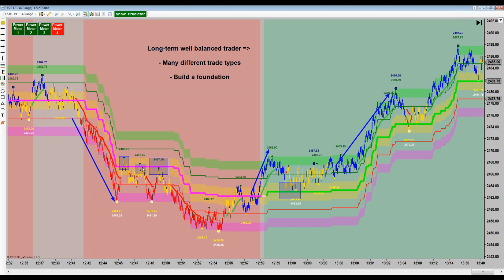There are times when the market will come within the band under the midband. In the case of this short rollover right here, this is still considered a midband trade, even though it just wicked the midband itself and rolled over. That's a midband trade. This is a good example of a midband trade sitting on the midband itself right here.